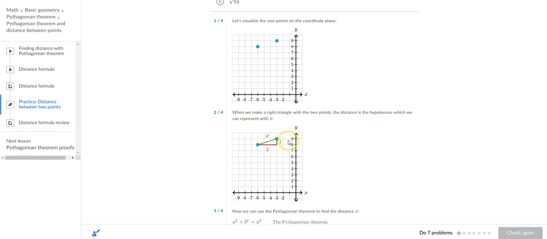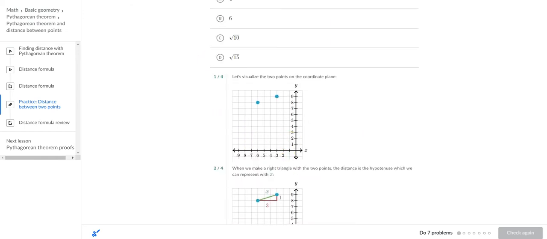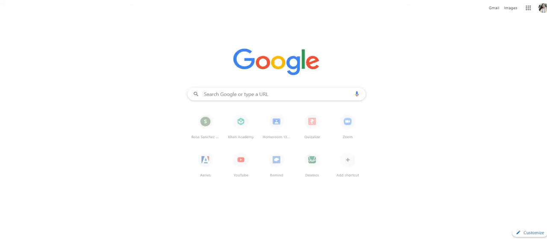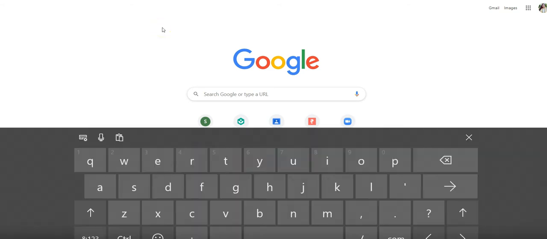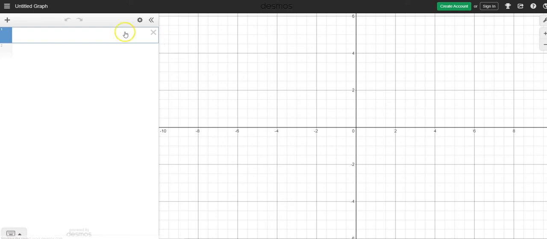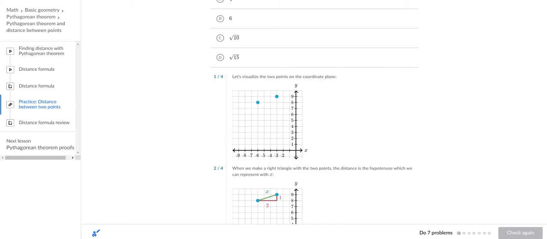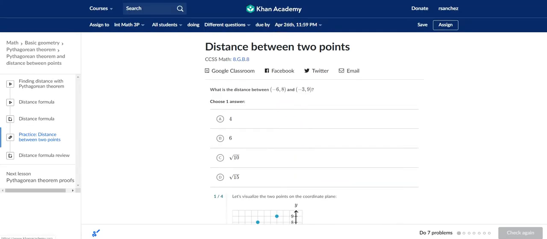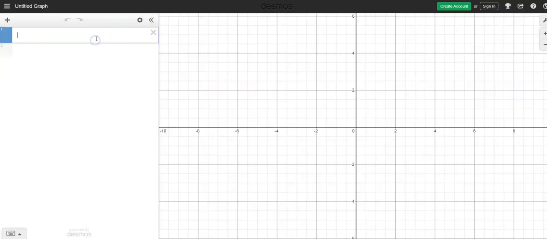And then from there, plotting the points. If you don't have graph paper at home, I would highly recommend you go on Desmos. It's desmos.com, and you can plot your points on here. So in this case, -6, 8 and -3, 9.